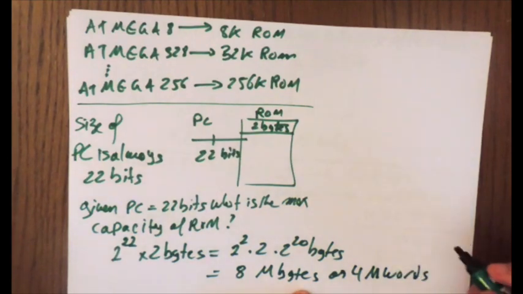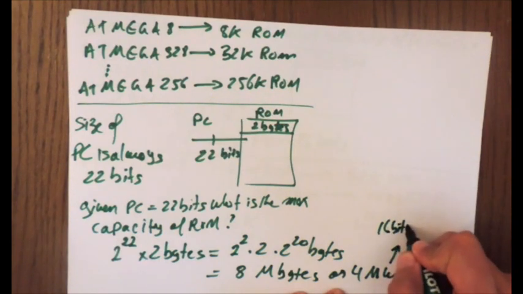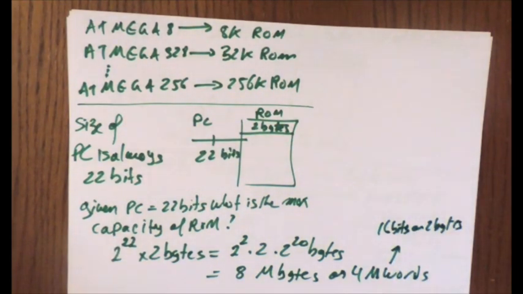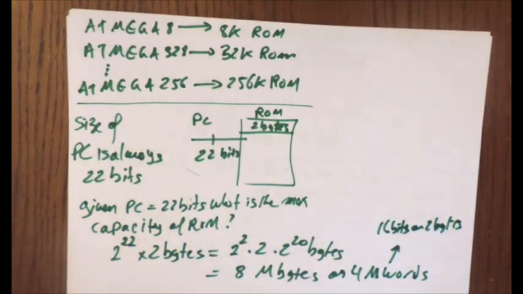And remember, the word is 16 bits, so this is 16 bits or 2 bytes. So the maximum allowable memory inside any Atmega microcontroller is 8 megabytes. We cannot go above the supported length because the PC is limited to 22 bits. Otherwise, we need to redo the whole architecture.